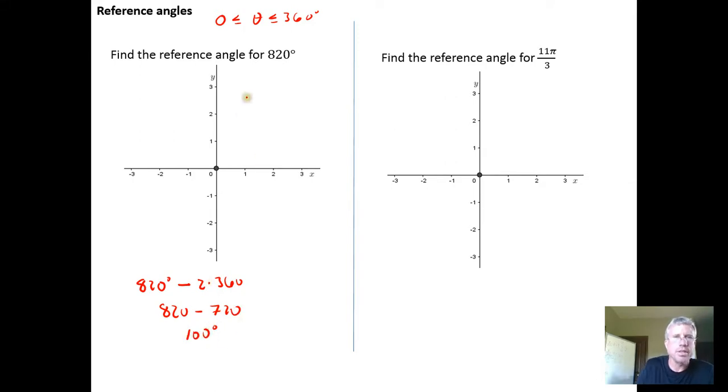And 100 degrees lands between 90 degrees, which is straight up, and 180 degrees, which is here. So 100 degrees is just past the 90 degree mark. So if I'm drawing a picture of the situation, here's a 100 degree angle in standard position, and the angle that we're after is this angle here, theta r. This guy right here is who we're after.